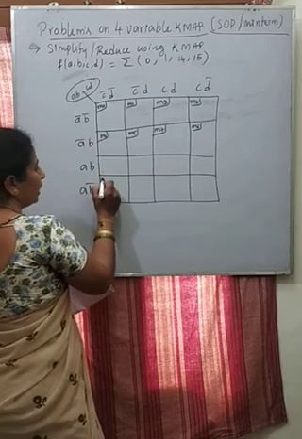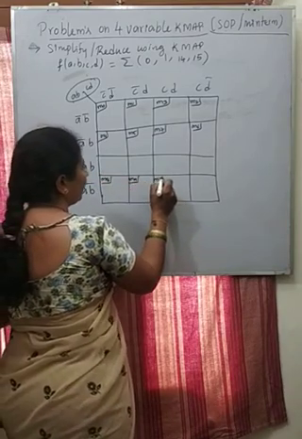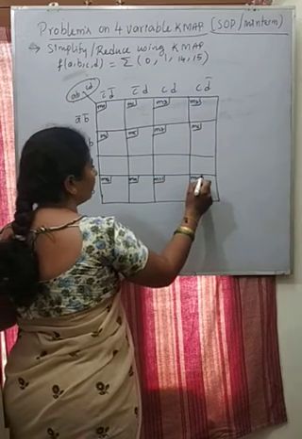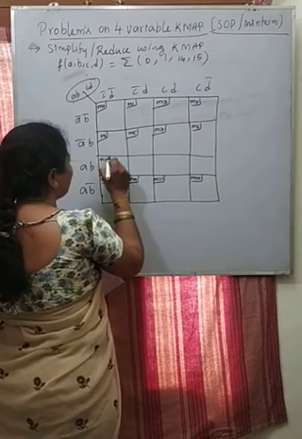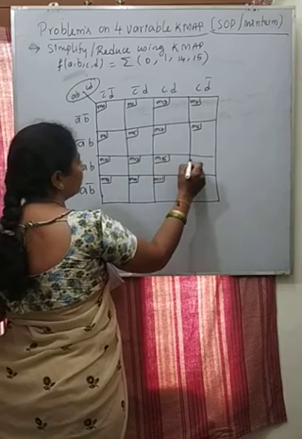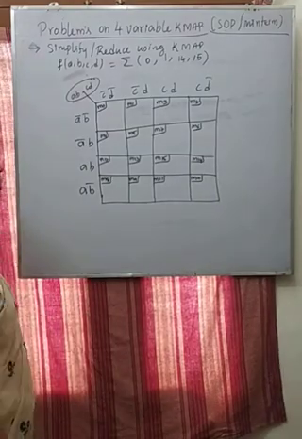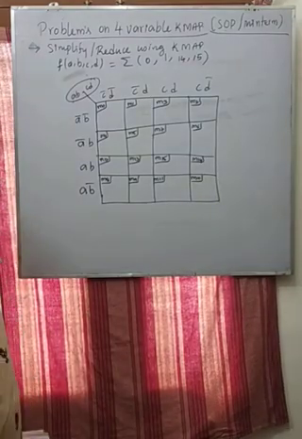And go for the last ones, M8, M9, M11, M10, M12, M13, M15, M14. These are the terms allotted for each cube.